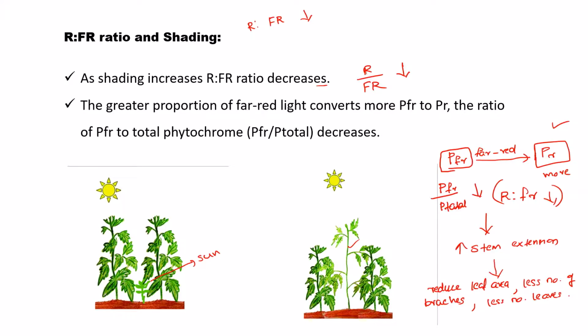Here we can see fewer leaves, the area of these leaves is very small and the number of branches is also very small as compared to these plants. That is shade avoidance response.